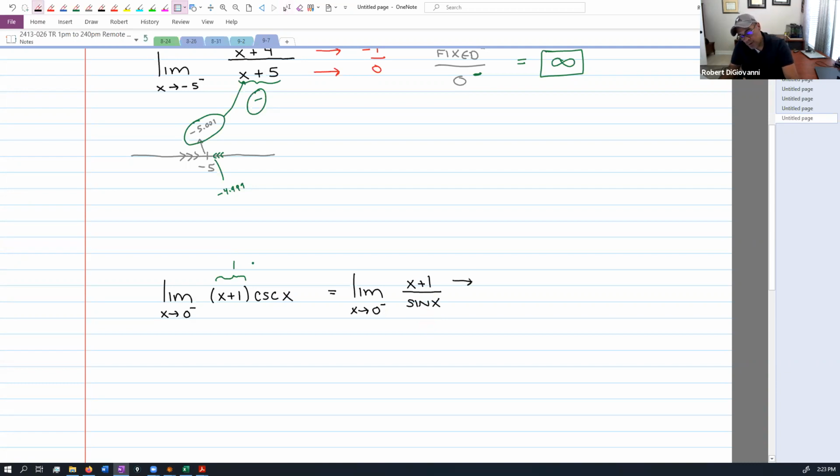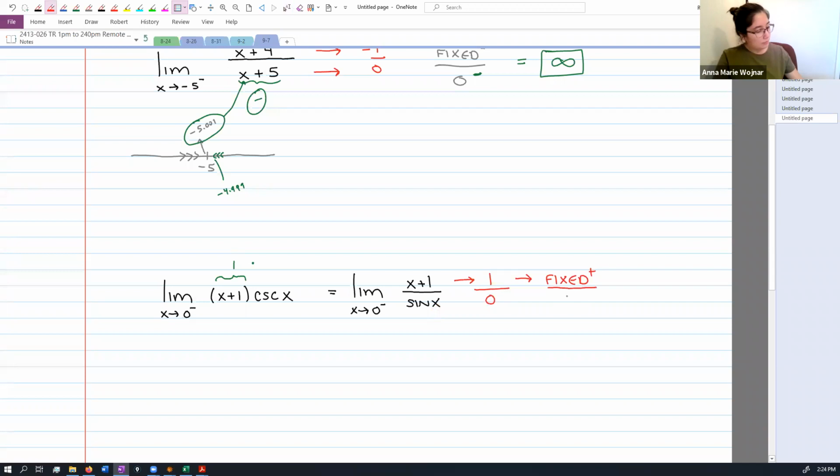And now I know the numerator is headed to 1, which is obviously a fixed positive number. And the denominator is headed to, well, sine of 0, right? Sine of 0 is 0. So it's headed to 0. But we're not quite sure if it's headed through positive or negative numbers.